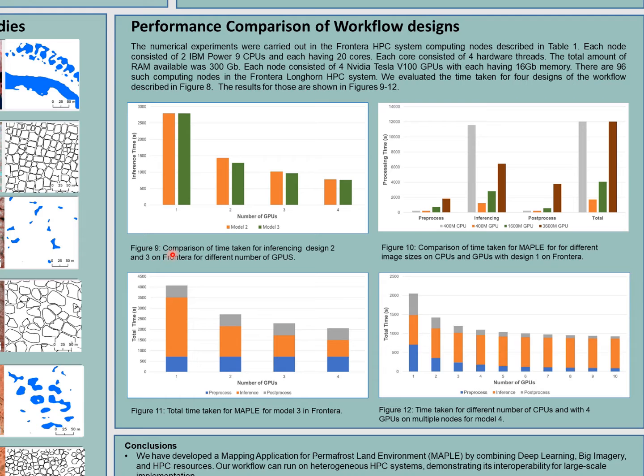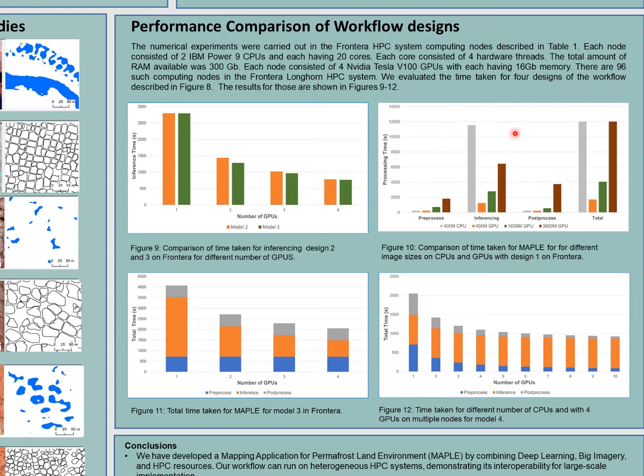Here we saw the results from our MAPLE workflow. In figure 10, we compare the results from our design 1, with different image sizes on GPU and CPU. The gray bar shows a 400 million pixel image on CPU, and the orange, green, and brown bars show the 400 million pixel image, 1.6 billion pixel image, and 3.6 billion pixel image on GPU.